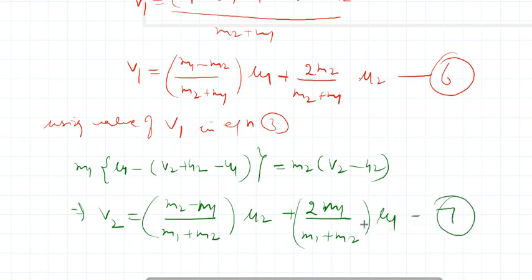So these are the velocities of the particles after collision, and they depend upon the initial velocities and masses of the particles, right? Now there are different cases which come out and need to be discussed.